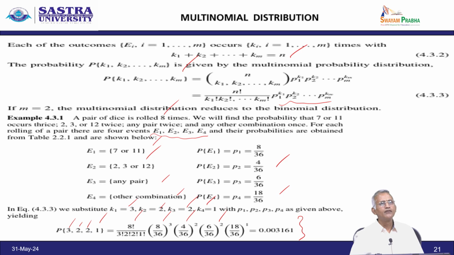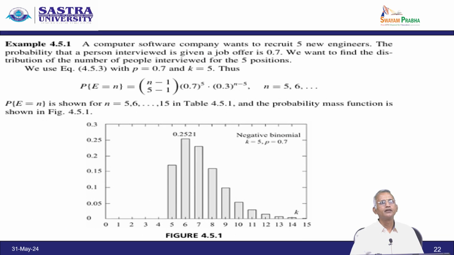So, when m equal to 2, this reduces to the binomial. Otherwise, in general, for 3, 4 and more, it becomes multinomial.